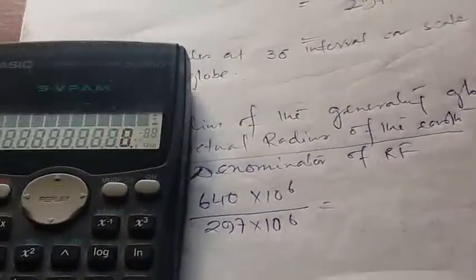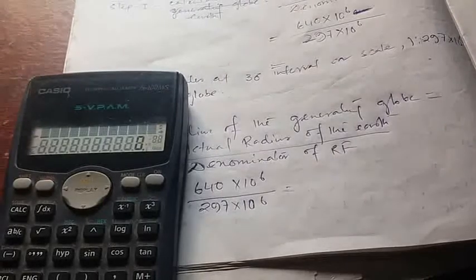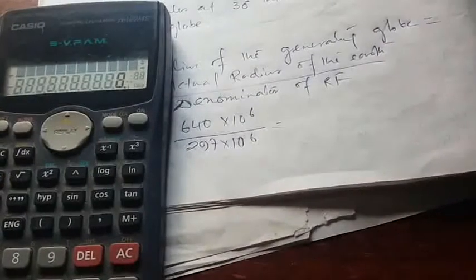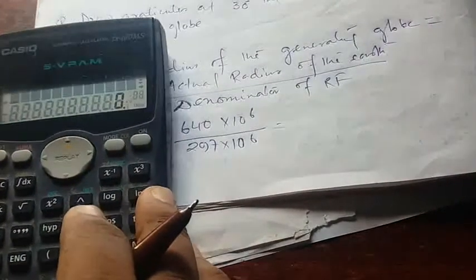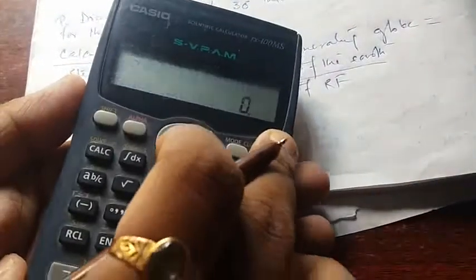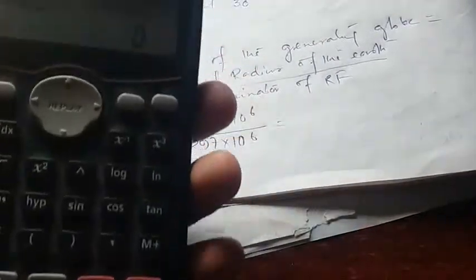So here is 640. You have to type in this way: if it is 640, so 6, 4 and 0, like this. It will be a shortcut method because you do not have to enter so many zeros.